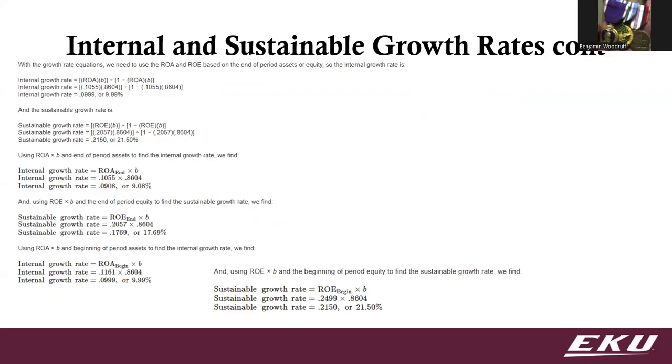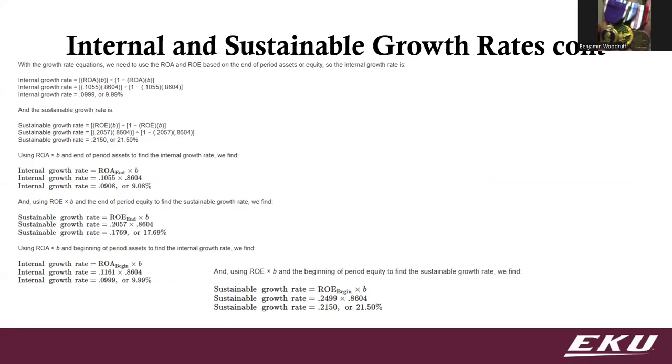So again, feel free to pause, or whatever as you are going through this. But it's the same problems, just with slightly different numbers. But that formula of using ROA versus ROE, why is that? Well, the return on assets is how effective you are at getting net income off of your assets.